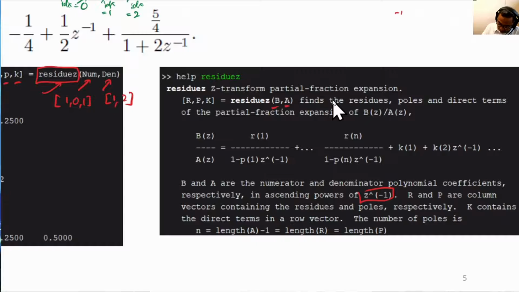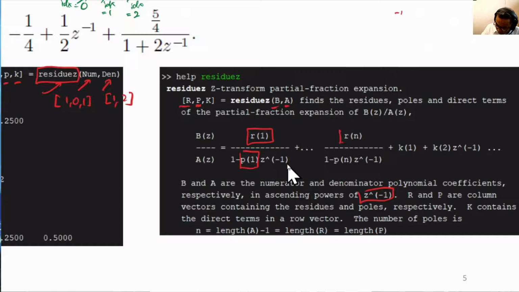What is R? R is a vector, and the first element of the vector is here, divided by 1 minus the first element of the pole P. So R is on top, P is below. Correspondingly, R1 over 1 minus P1 z minus 1.